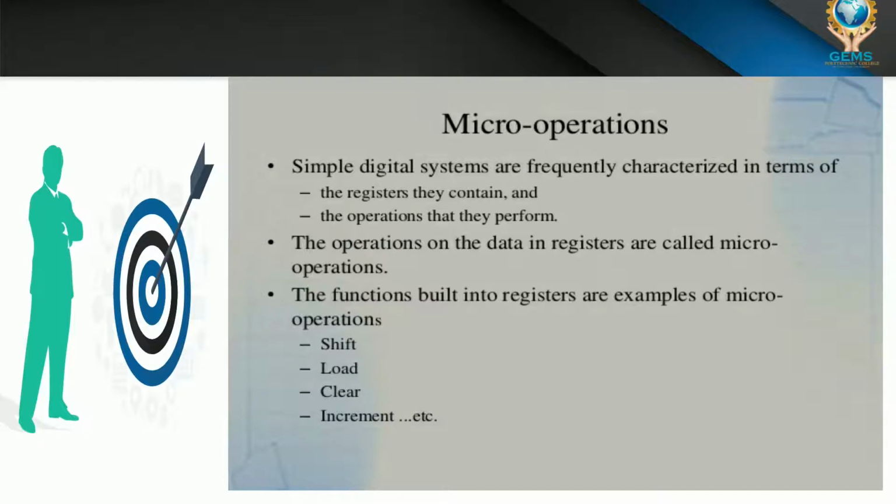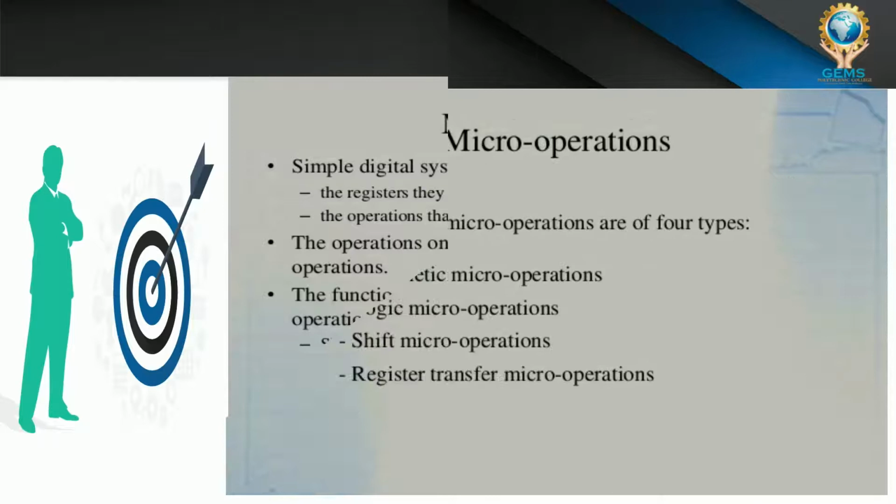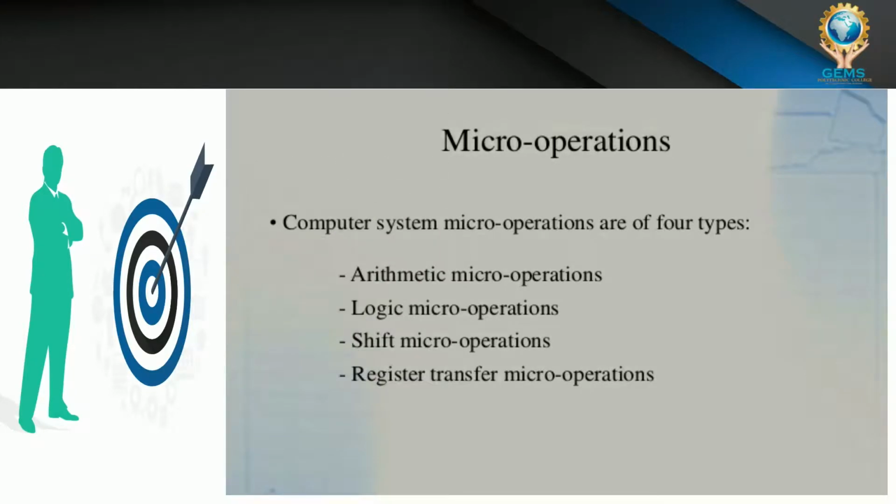If the registers want to do this type of functioning, they have to take the instruction from the instruction set. So this type of operations may be arithmetic operations, logical operations, shift micro operations, register transfer micro operations.